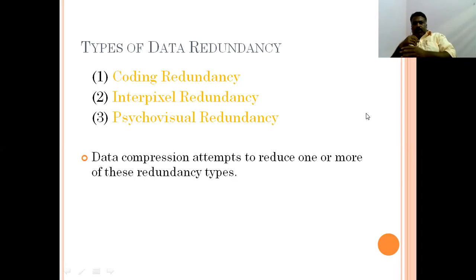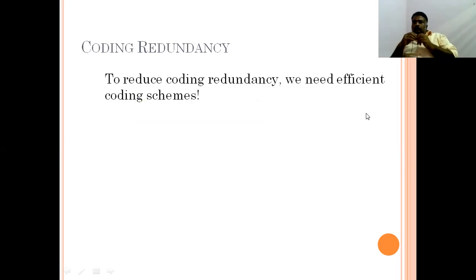On the decompression side, the same thing is done in reverse: the operations are performed inversely to get back the original. To reduce coding redundancy, we need an efficient coding scheme.